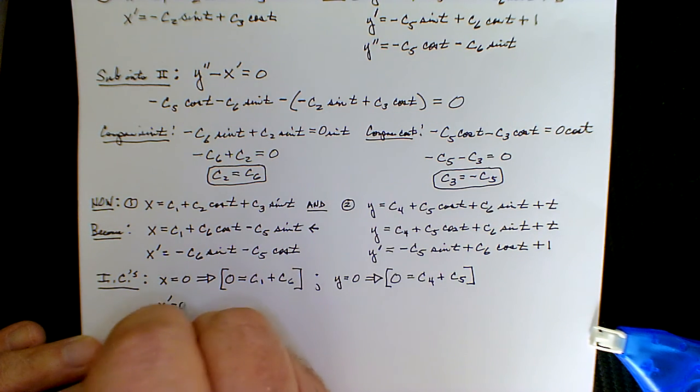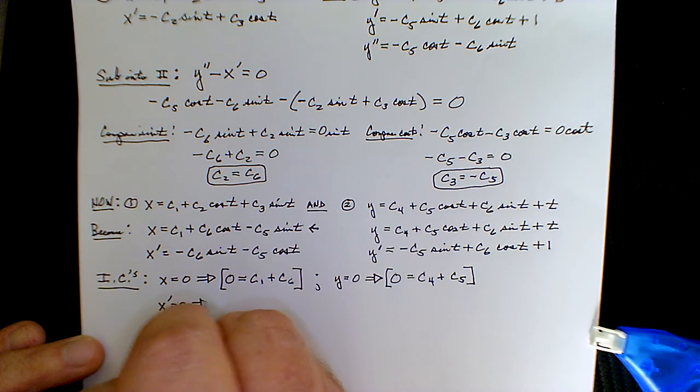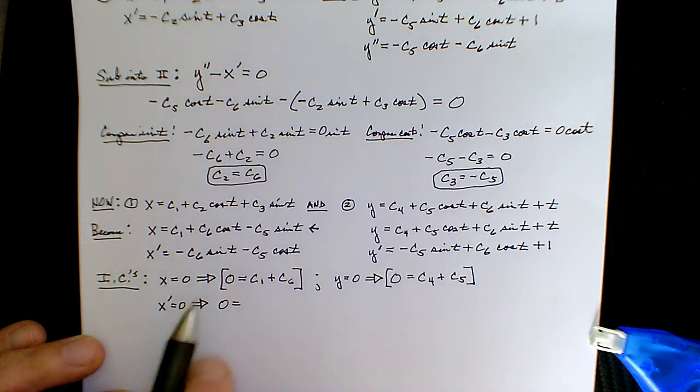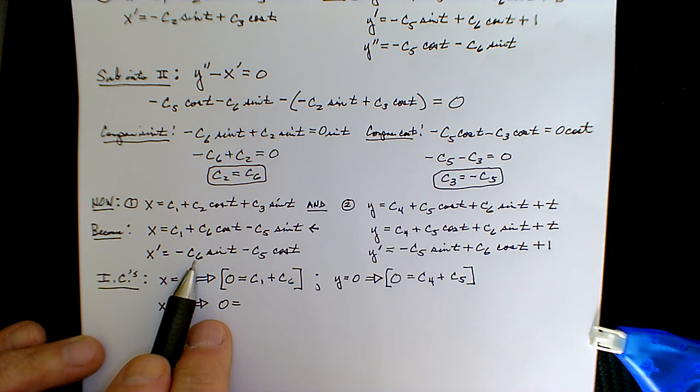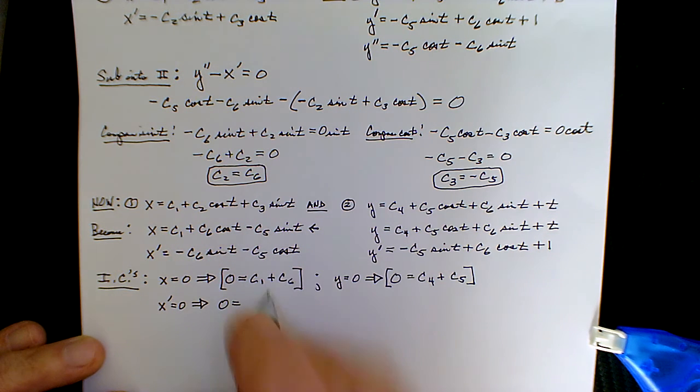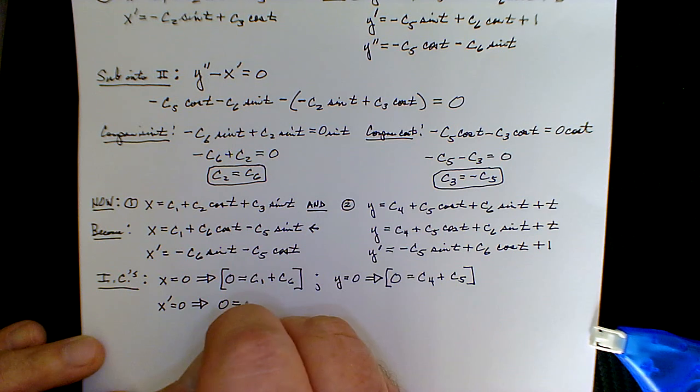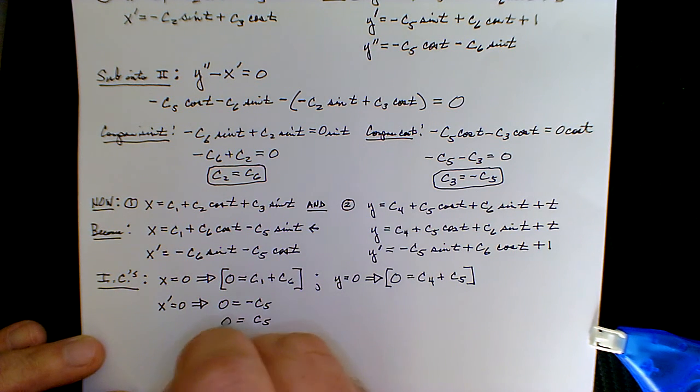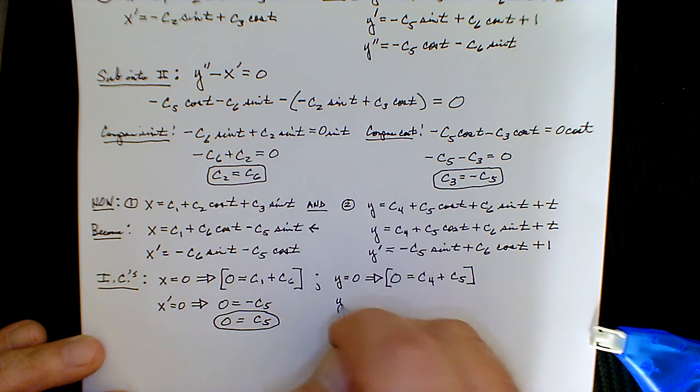But then x prime of 0 is 0. Gives us that 0 equals, okay, now we're here, x prime. Sine of 0 is 0, cosine of 0 is 1. So negative C5. So that means C5 is 0. Alright, so that's one of them.